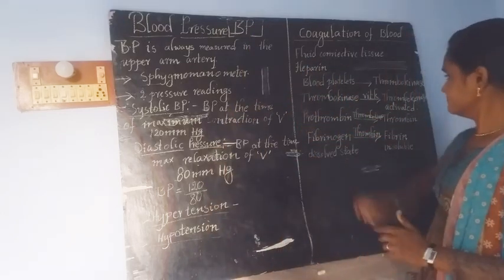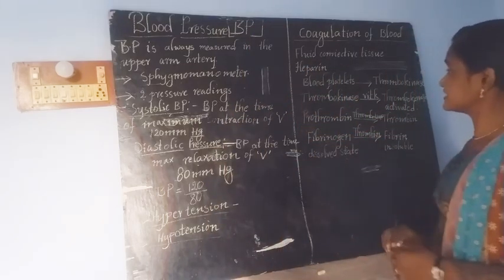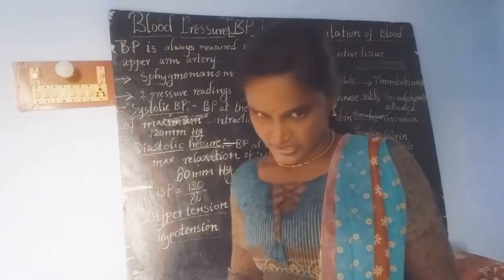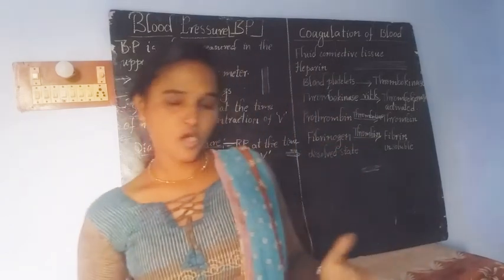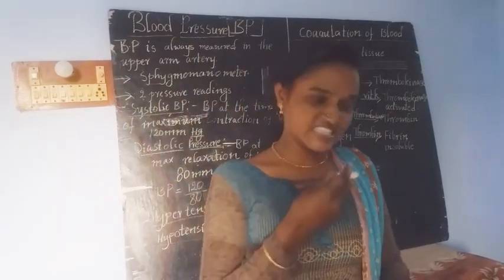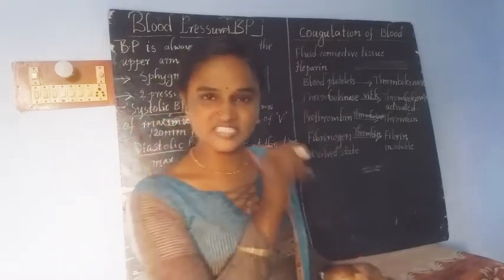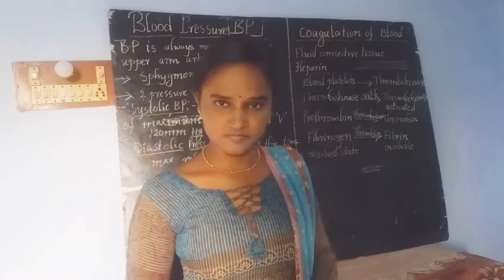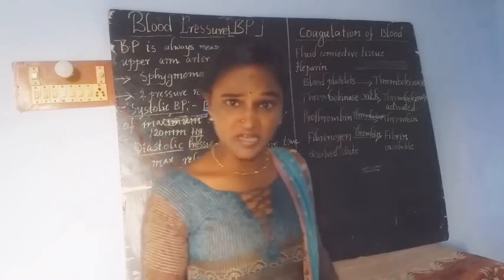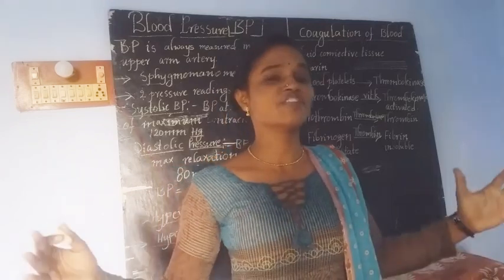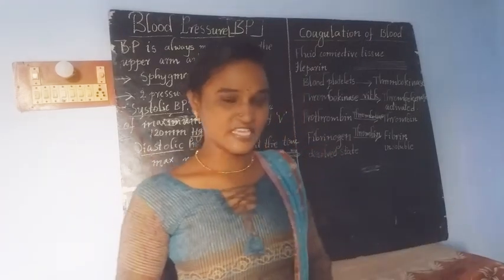Then, children, it is time to discuss coagulation. For example, we cut our finger unfortunately in an accident, while cutting vegetables or fruit. Did you ever observe this situation? Yes, everyone has faced it.